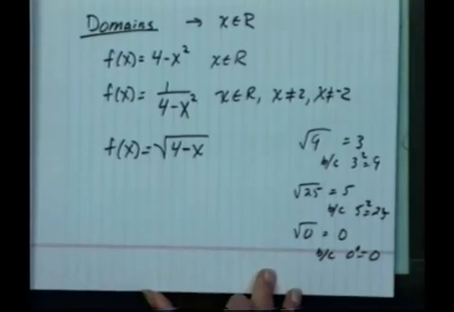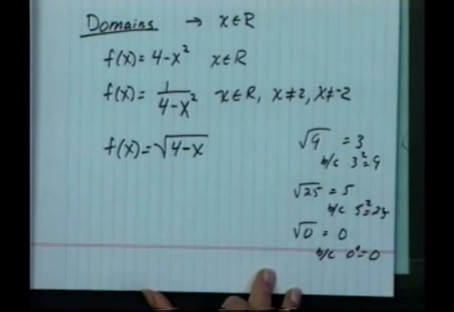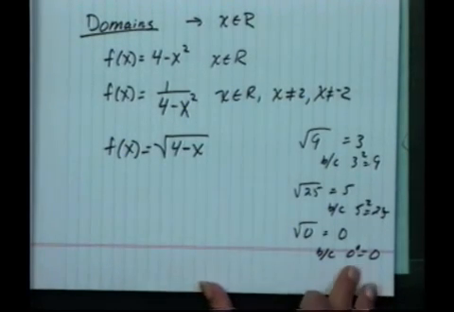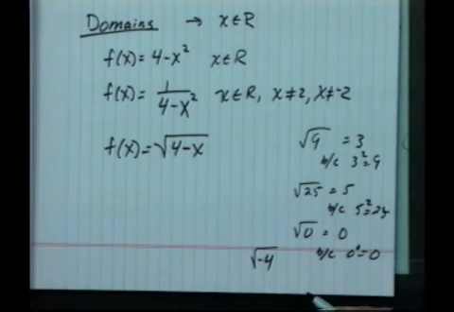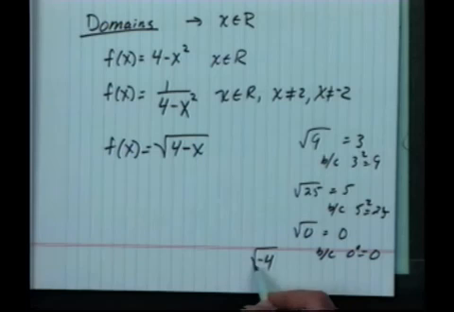What's the smallest number you can take the square root of under a set of real numbers? 0. What about the square root of negative 4? No, because there's not a real number I can square that gives me negative 4, correct? So that gets into complex numbers.